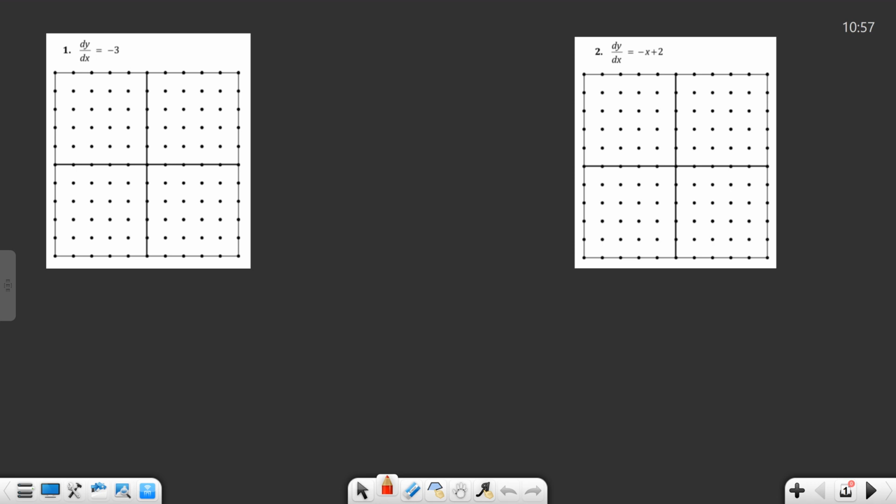It doesn't matter what I put in for y, and it doesn't matter what I put in for x. What's the slope of the derivative always? Negative 3. So at each of these points, I'm going to put a little dash that has a slope of negative 3, and this is not rocket science. We're going to ballpark it here, and we get something that looks like this.